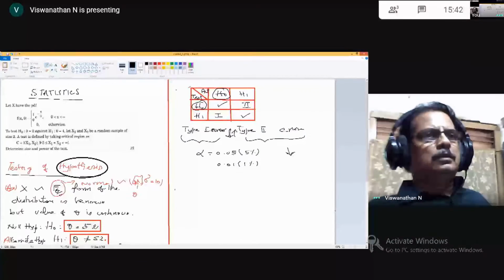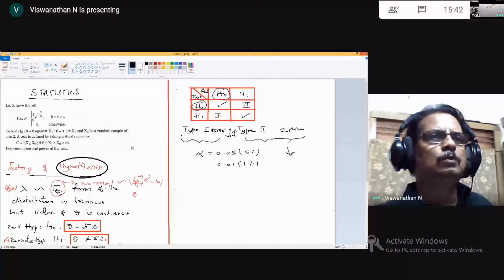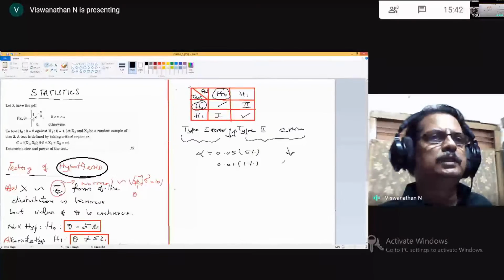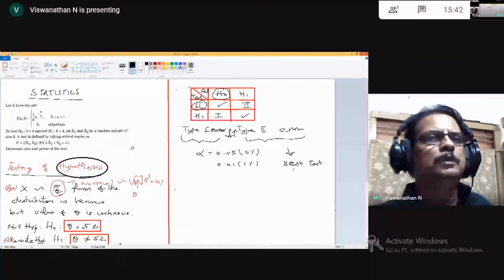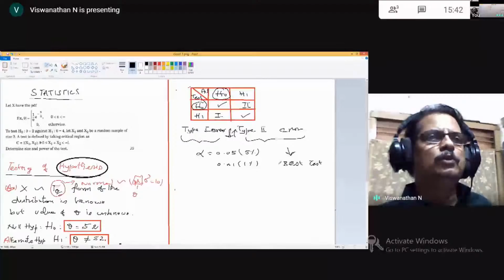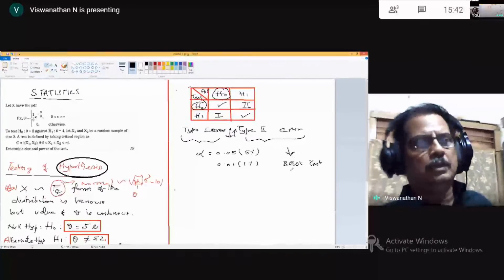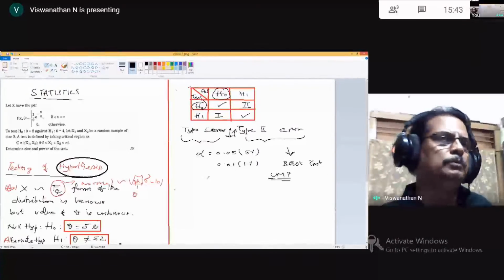The test which, for a fixed level of alpha, minimizes the type 2 error is called the best test, and when it works well for all the alternatives, it is said to be the uniformly most powerful test, UMP, uniformly most powerful test.